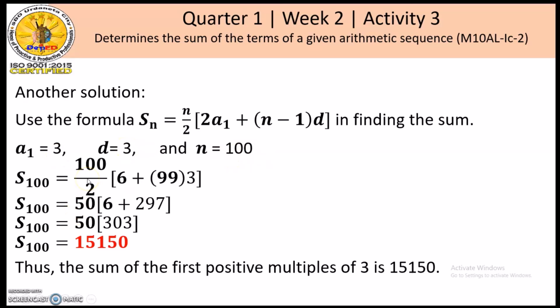So by substitution, we have 100 over 2 multiplied by quantity 6 plus 99 times 3. So we would still end up with the same answer, which is 15,150. Thus, the sum of the first 100 positive multiples of 3 is 15,150.